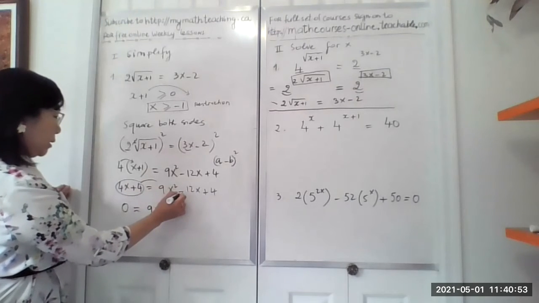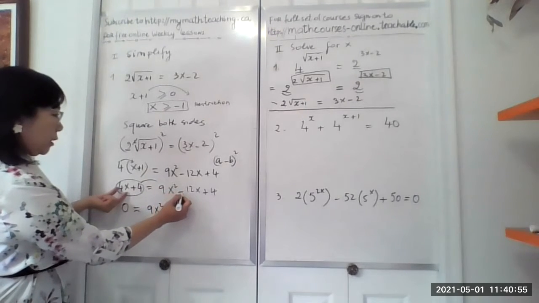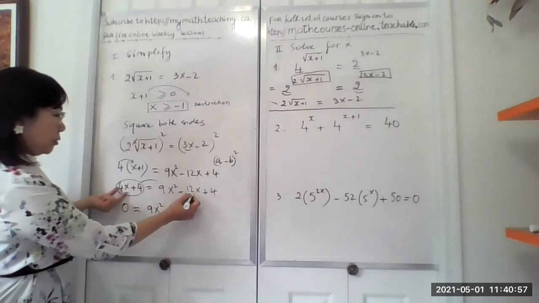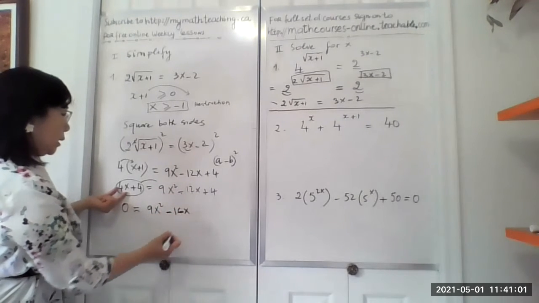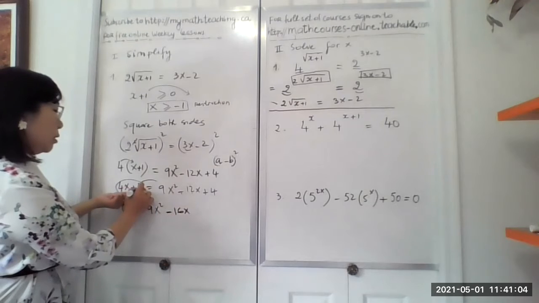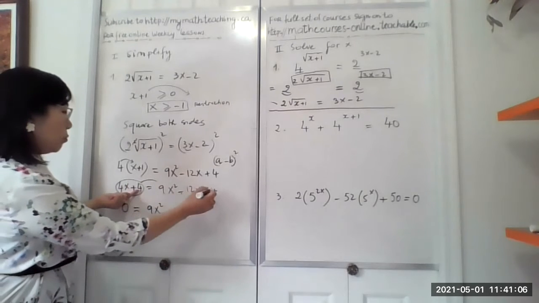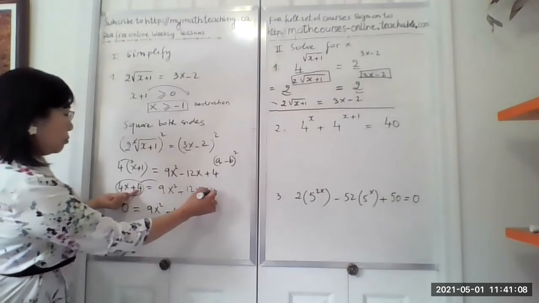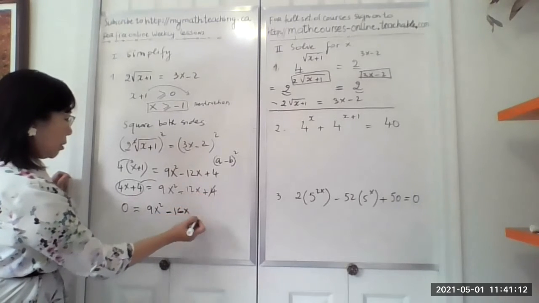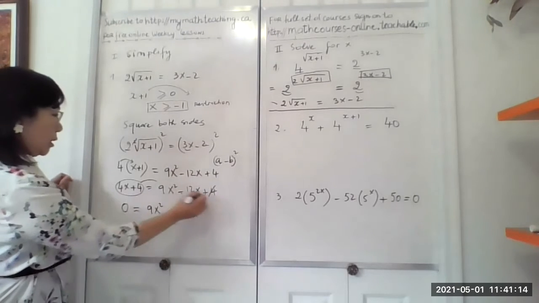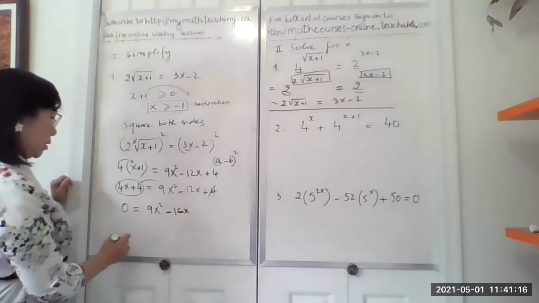Positive will become negative, right? Negative 4x. Negative 4x added to negative 12x will be negative 16x. And the 4 here is positive, moved here becomes negative. So negative 4 with positive 4 will cancel out. And we get 0, right? So we're not worried about that term.